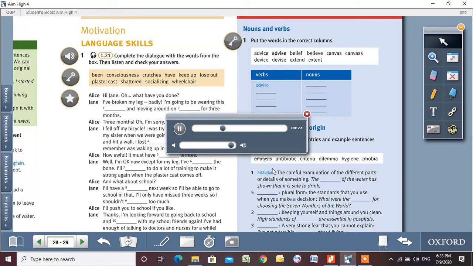Oh, I'm sorry. How did it happen? I fell off my bicycle. I was trying to keep up with my sister when we were going downhill. I lost control and hit a wall. I lost consciousness, and the next thing I remember was waking up in hospital.